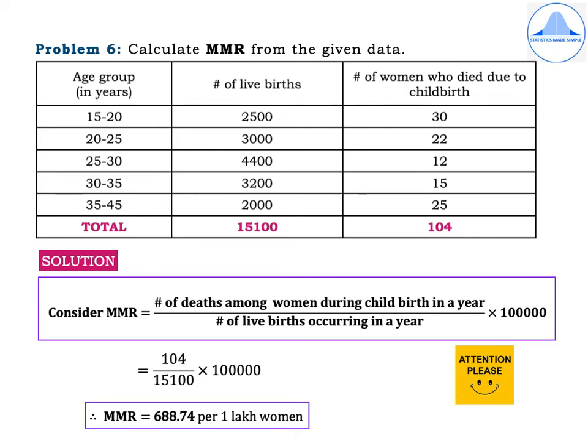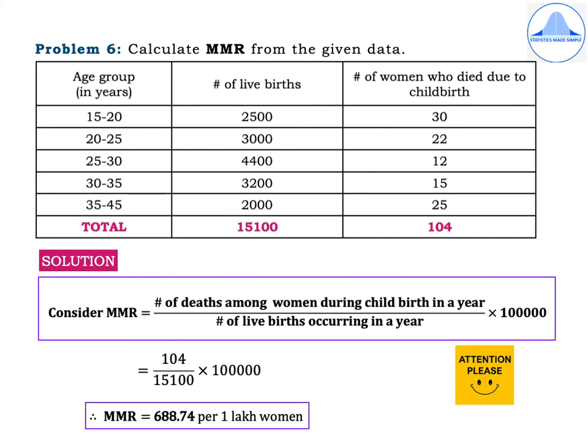And the number of women who died due to childbirth are 30, 22, 12, 15 and 25. Now starting with the solution, write MMR formula, which is equal to number of deaths among women during childbirth in a year divided by number of live births occurring in a year into 1 lakh. So here I have expressed the MMR formula in terms of 1 lakh.